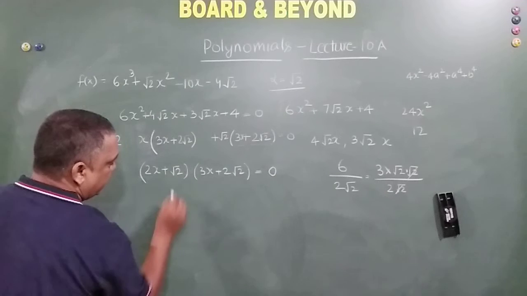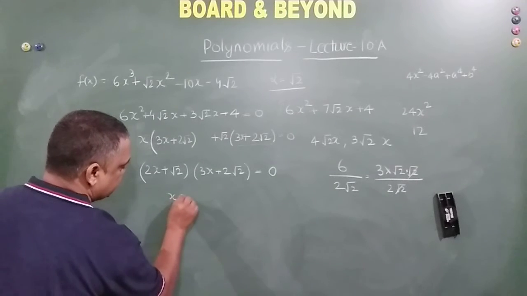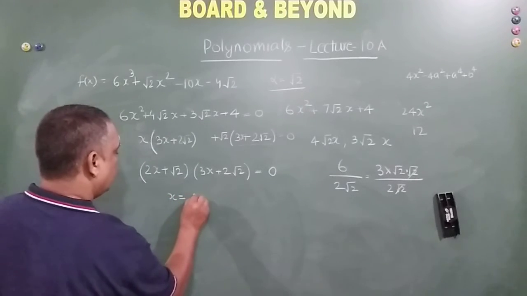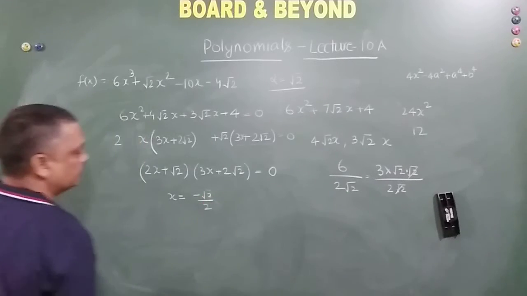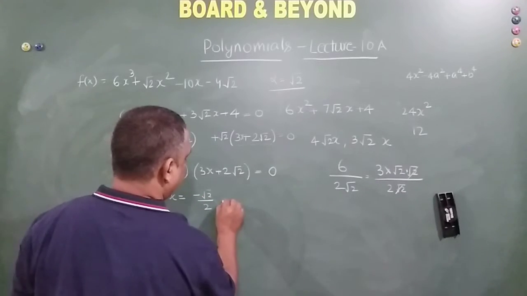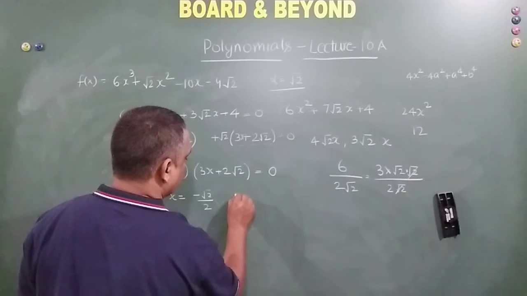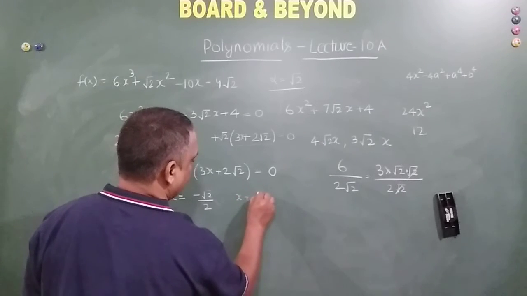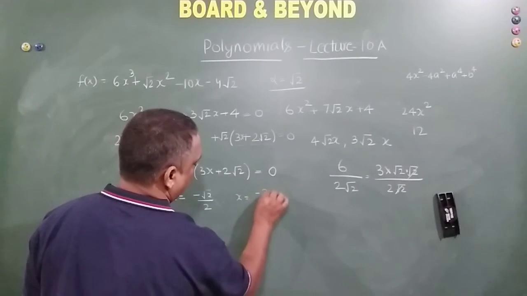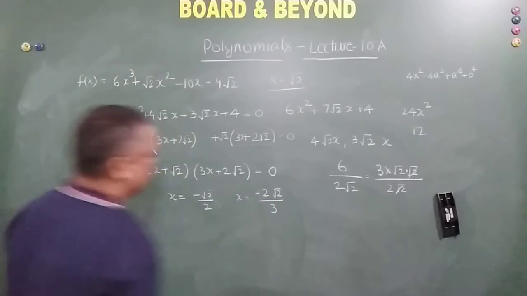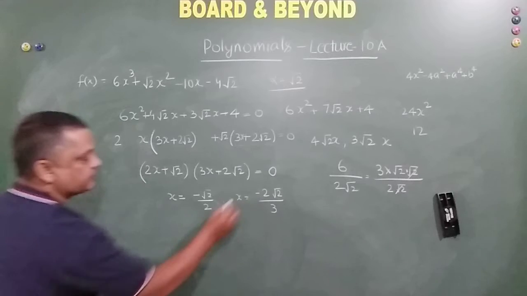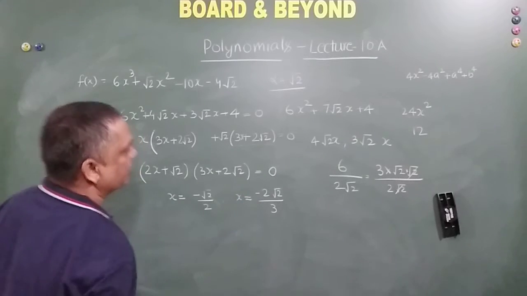So here, x will be equal to minus root 2 divided by 2, and solving the other for x, this will be equal to minus 2 root 2 divided by 3. So these are the other two roots of this cubic polynomial.